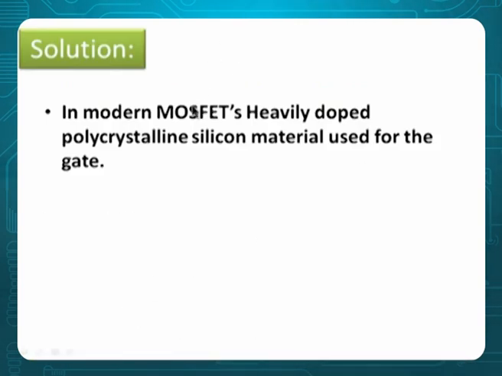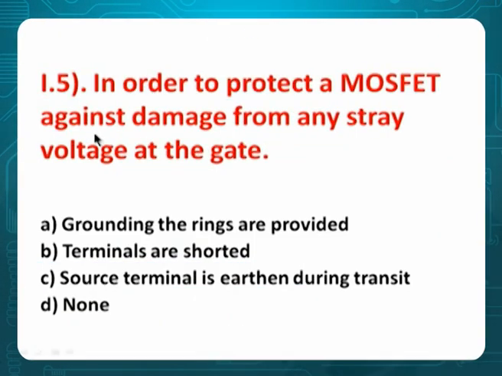In modern MOSFETs, heavily doped polysilicon material is used for the gate, and the option is C. Question number 5.